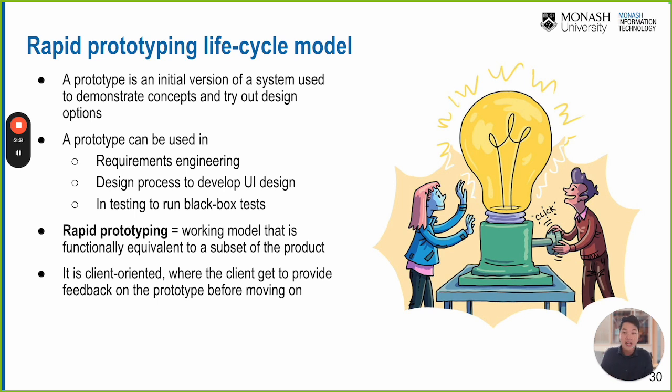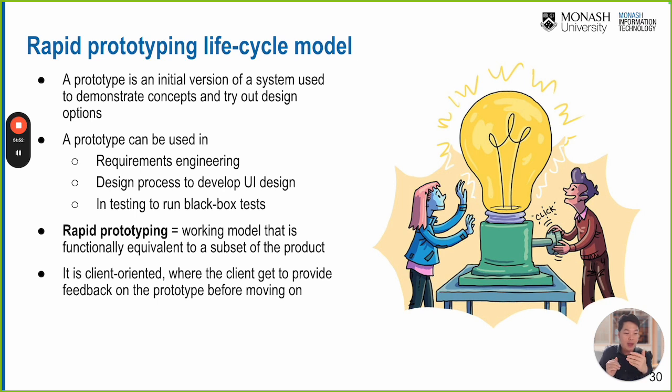What happens here is that they just create a prototype using a tool like Figma, using any kind of mockup, to simulate how the system actually works, right? How the client or the end users will interact with the software system, instead of writing the textual documentation.